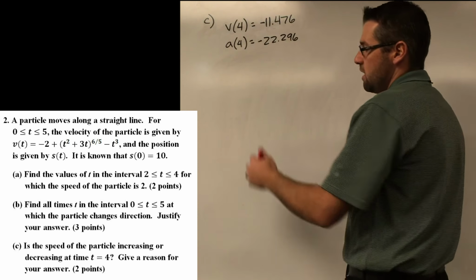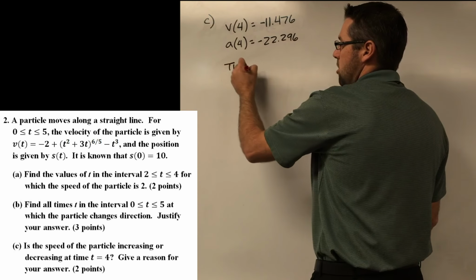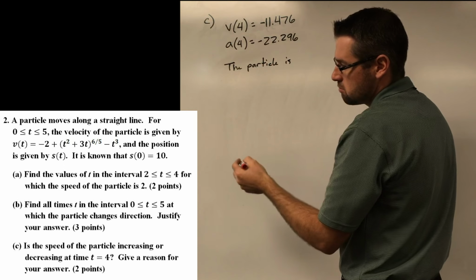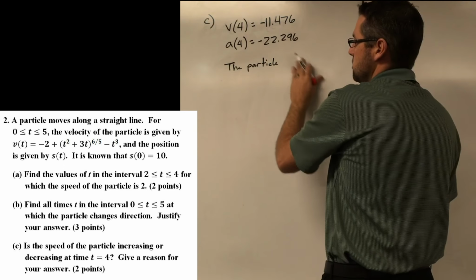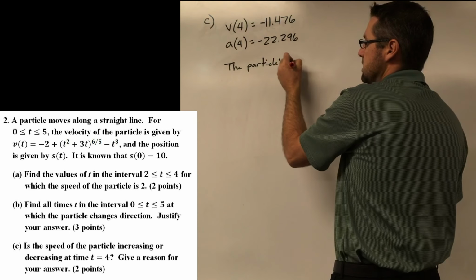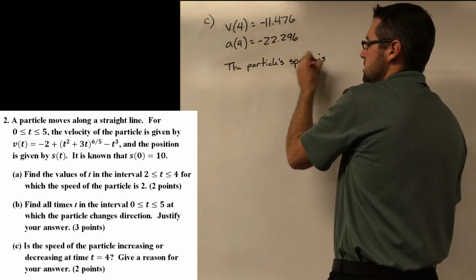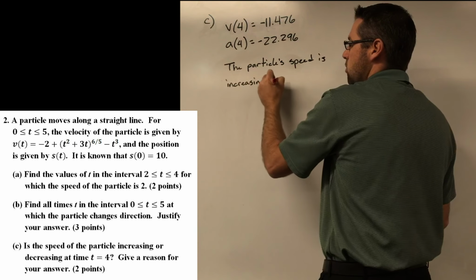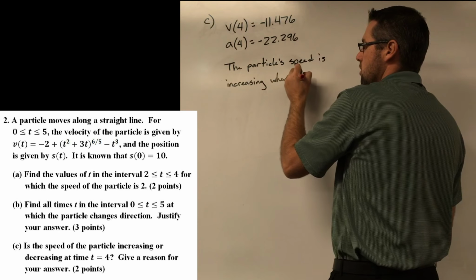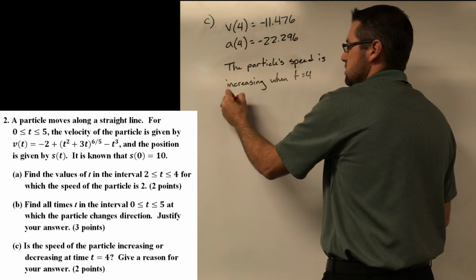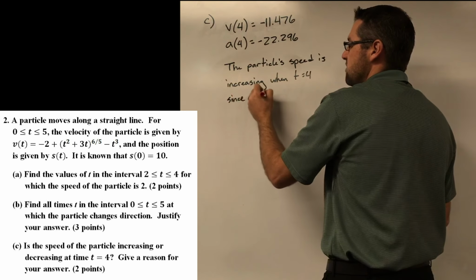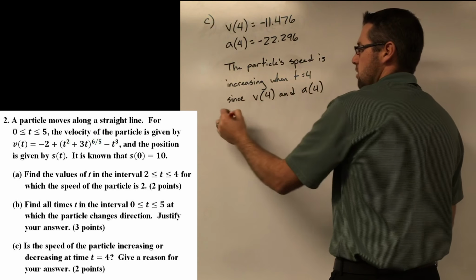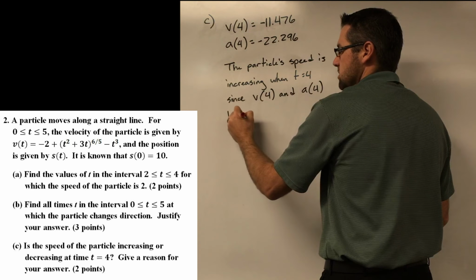Okay, that's using your calculator. So we would say the particle's speed is increasing when t equals 4, since v of 4 and a of 4 have the same signs.